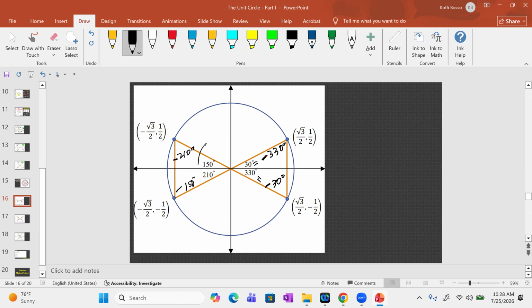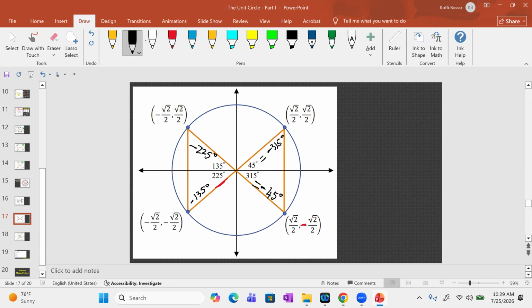Make it simple for yourself: instead of doing everything together, take it by reference angle and you switch. Same thing here, you switch. That makes it simple for you.